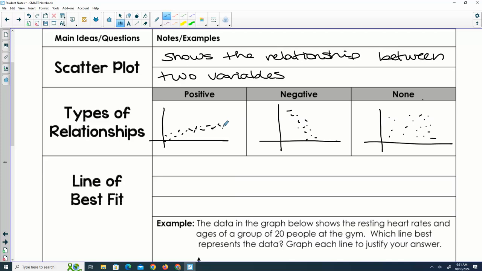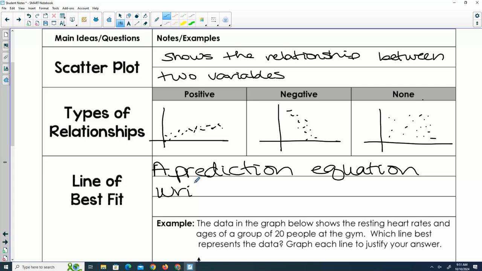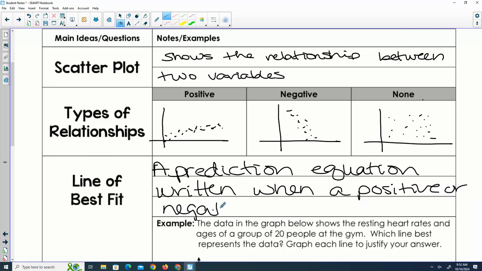That's called the line of best fit. So it's a prediction equation written when a positive or negative relationship exists.